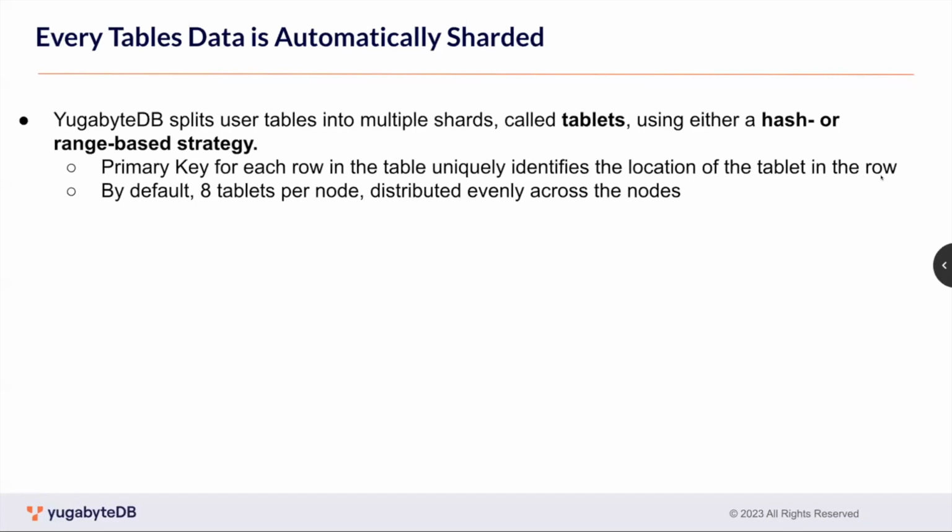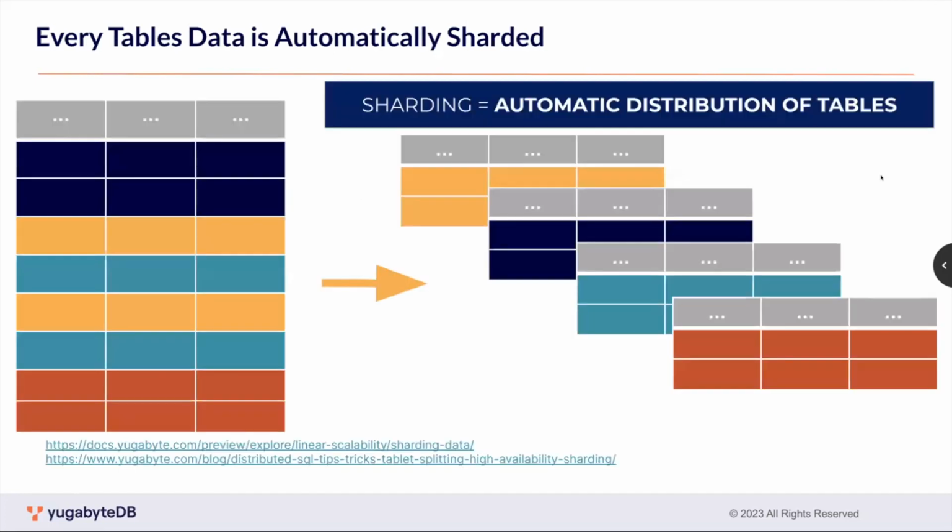And by default, it is 8 tablets per node, which are distributed across them. I will go into a bit more detail on that. So again, you have your table with all your rows, and then we split them into tablets.